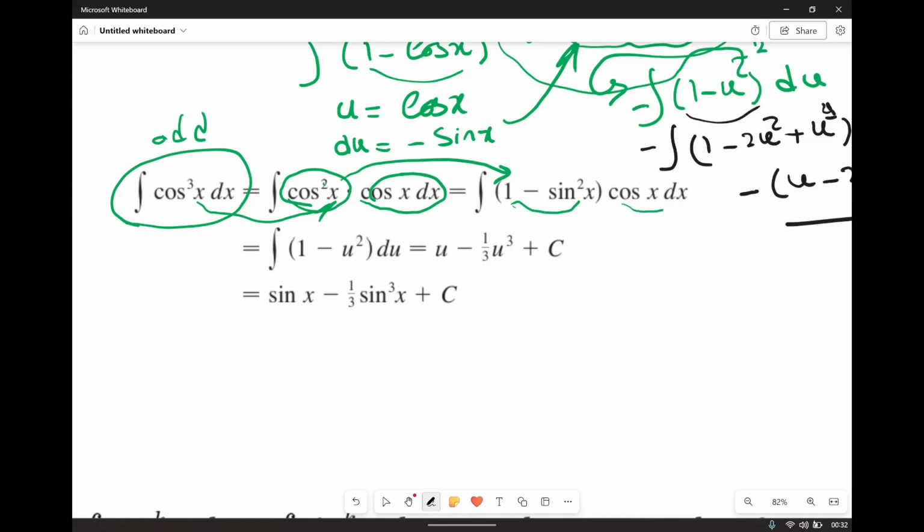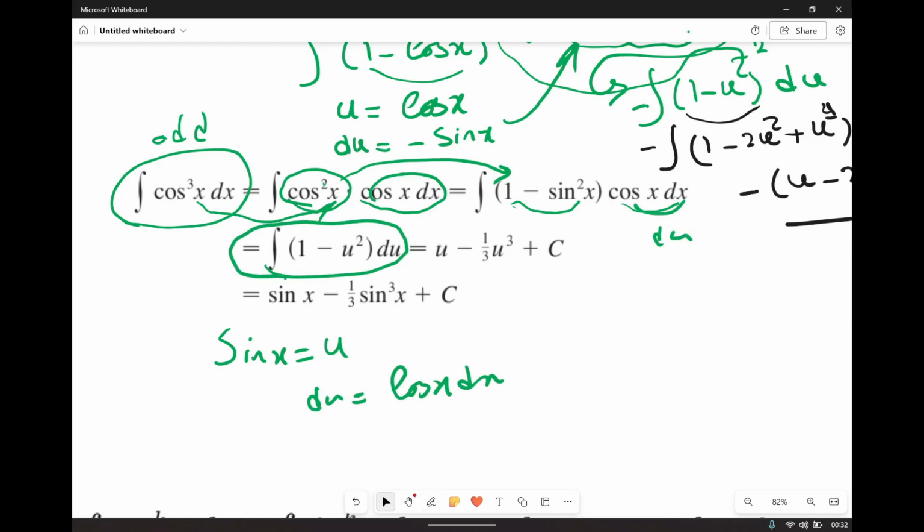And in this part, if I put sine x as u, our du is cosine x dx, that is u, and our integral turns into this one, and that is so simple. It is u power 3 divided by 3 with a minus, and finally plus c. Last step, we must substitute u by sine x.